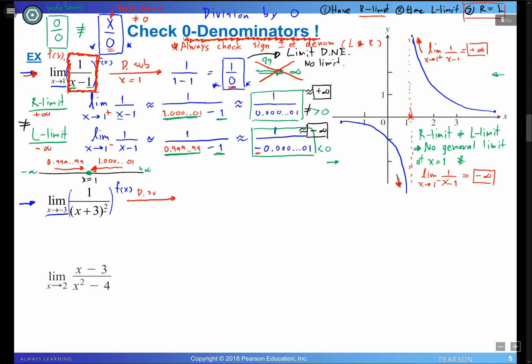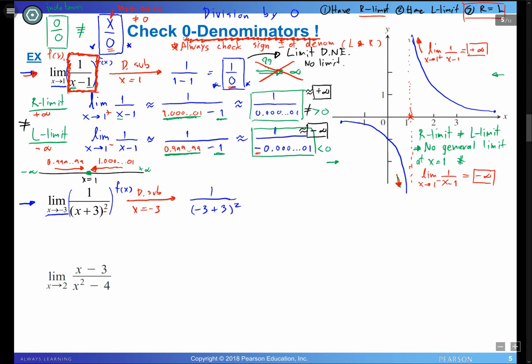We are going to put in x equal to minus 3 exactly. Let's check this expression: 1 over, inside the parentheses, minus 3 plus 3, squared.